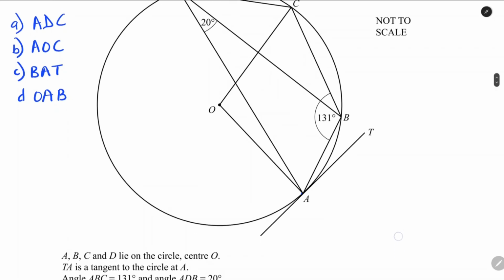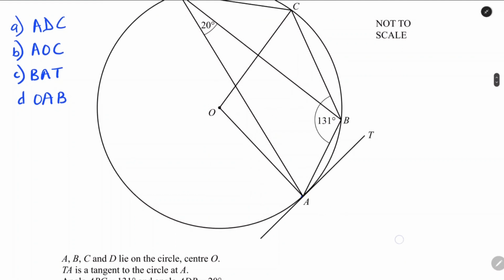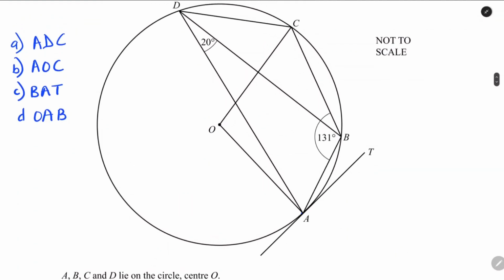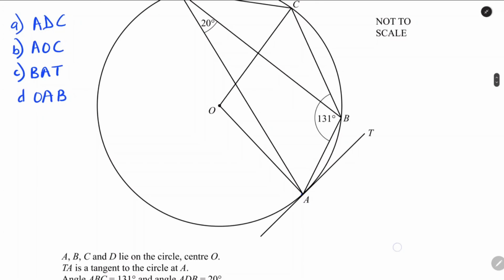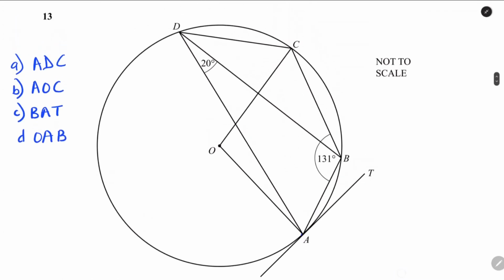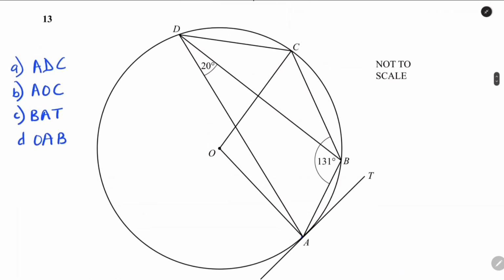Angle ABC is 131 degrees. That is, angle ABC is 131 degrees. And angle ADB is 20 degrees. Now, let's break this down.